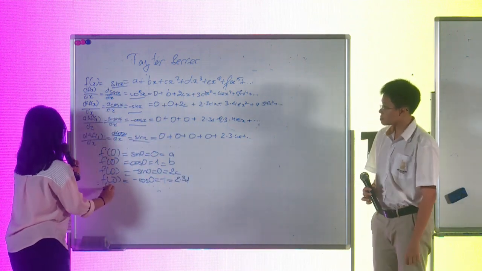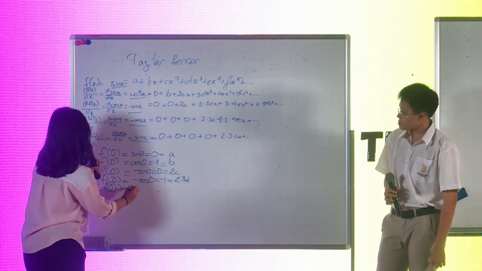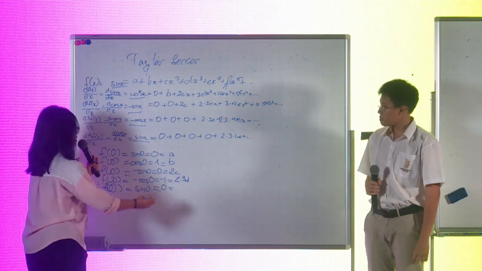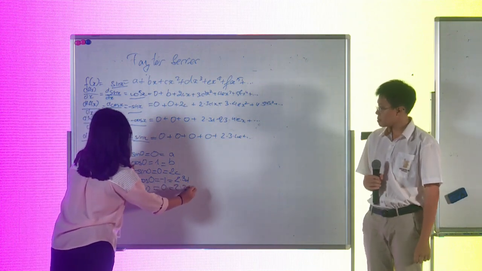And then f''''(0) is equal to sine of 0, which is equal to 0, which is equal to 2 times 3 times 4e.